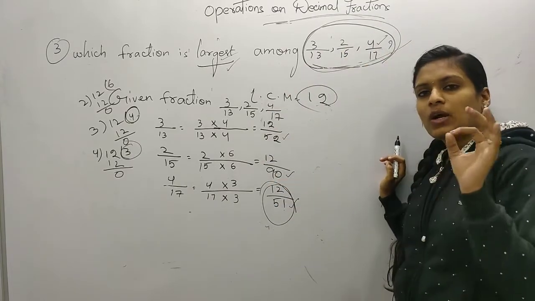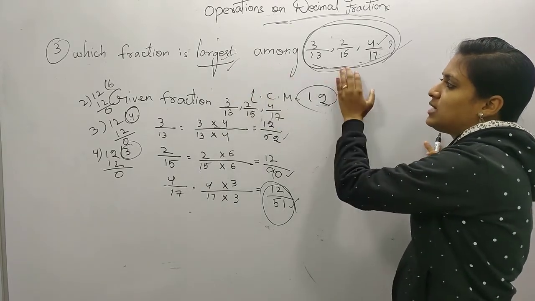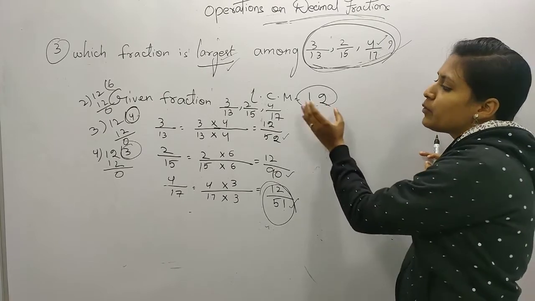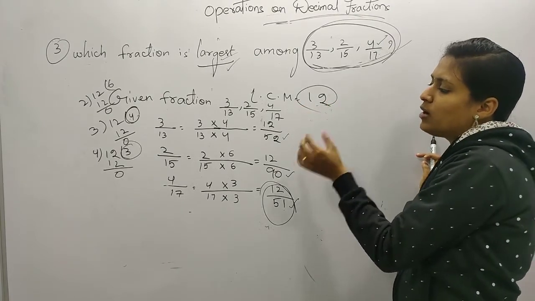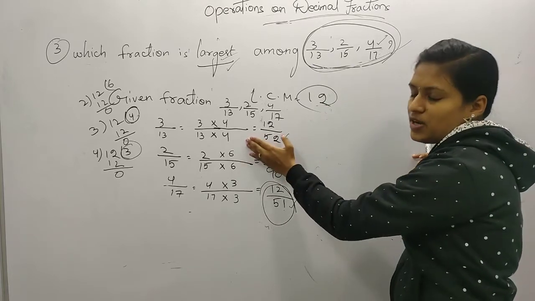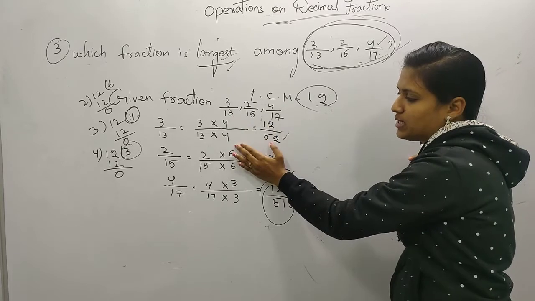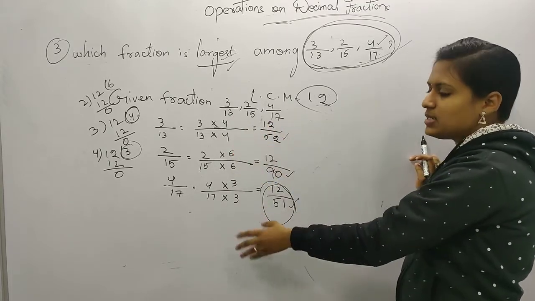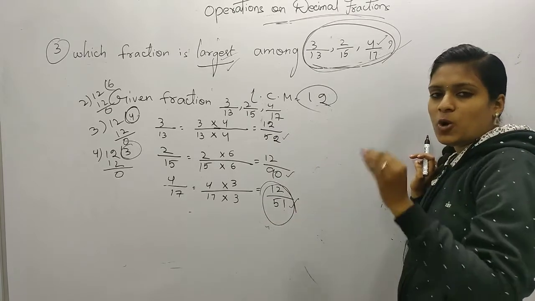Whenever you get this question in the examination, first find the LCM, divide it by the numerator, and multiply the value with both the numerator and denominator. After finding all the fractions, observe which denominator is lowest.